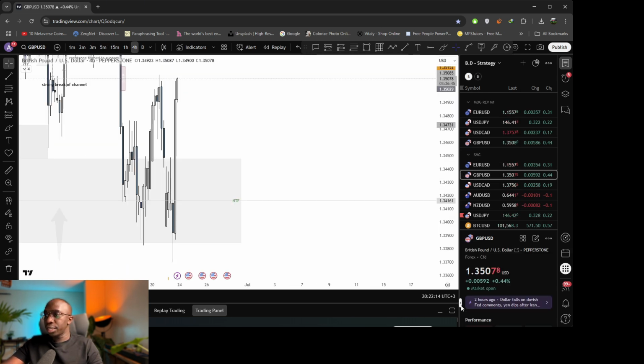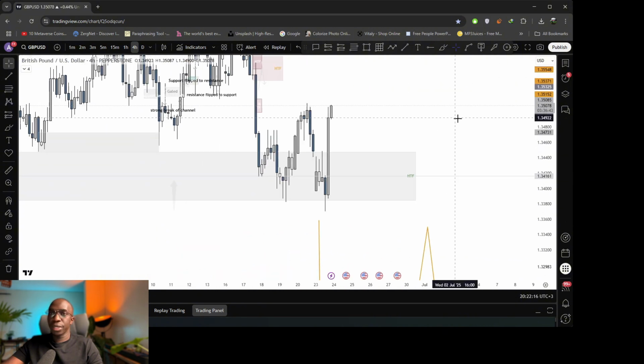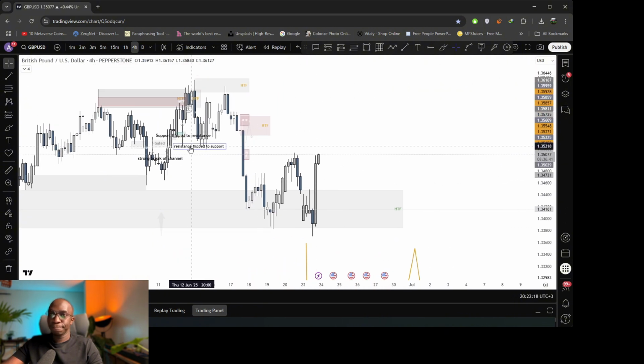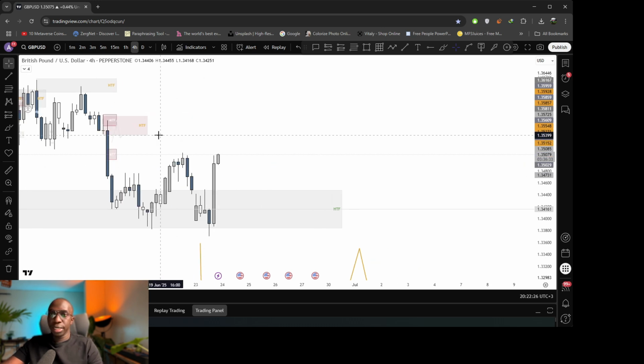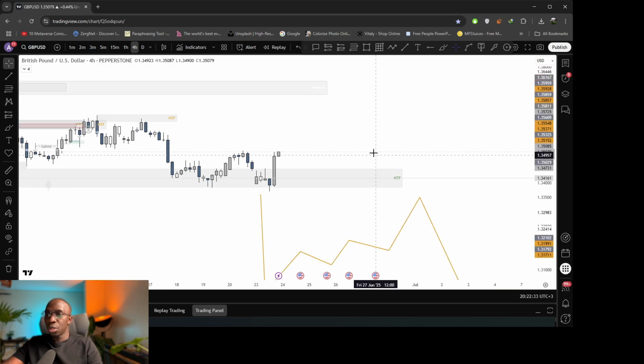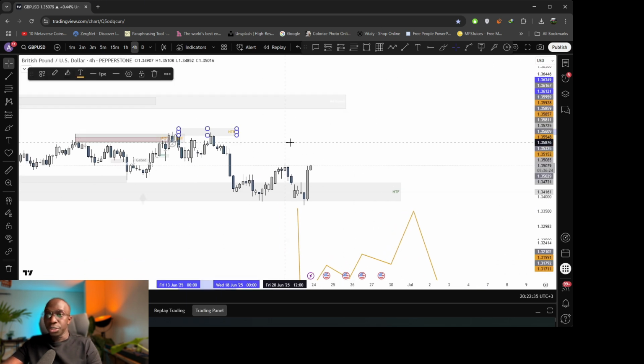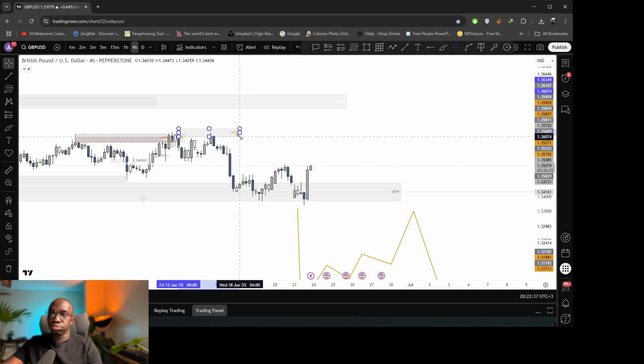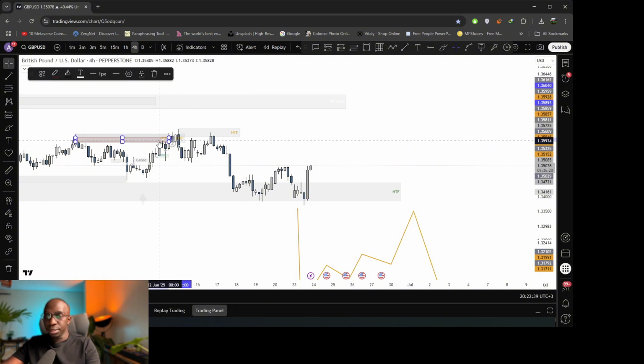Still on USD pairs, so we're looking at GBP/USD. Let's see, support flipped to resistance. Okay, this is some price action from last week. Let's just clear some of these charts so that we have a clean view. Okay, so again, bearish on the dollar still.